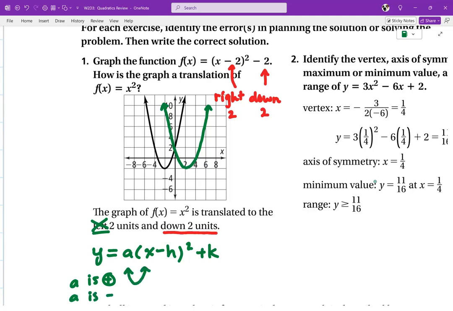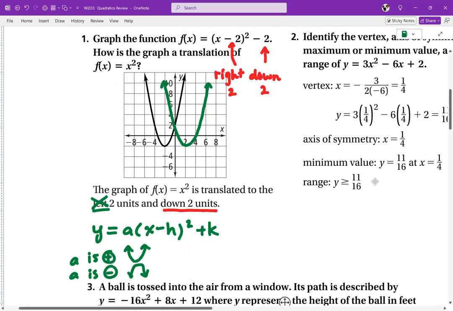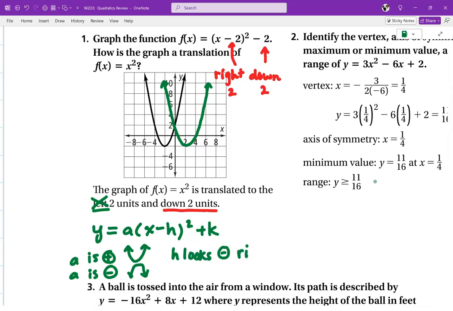If a is negative, it opens down. Okay? h. So if h looks negative, you go right. If h looks positive, you go left. That's why over here they put x minus 2 quantity squared.